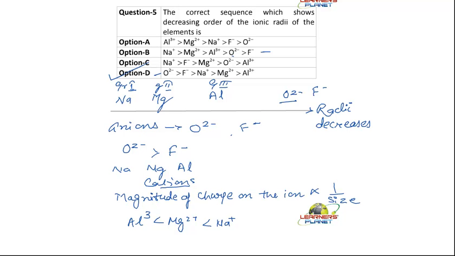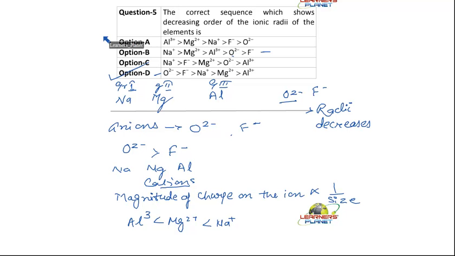Option D. Oxygen anion, because it has got 2 more electrons, is bigger than fluoride anion, which is further bigger than sodium, then magnesium, and then aluminum. Right? Remember that anions are bigger in size, cations are smaller in size.